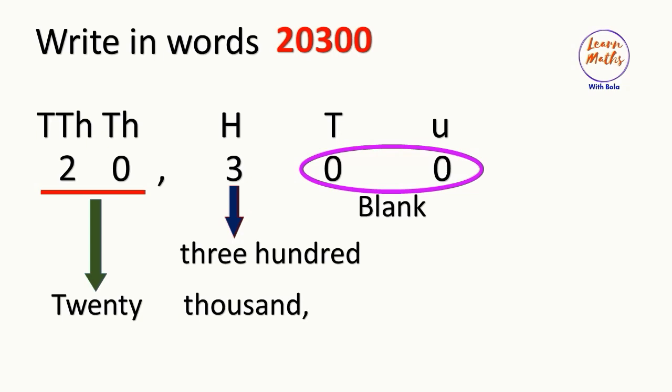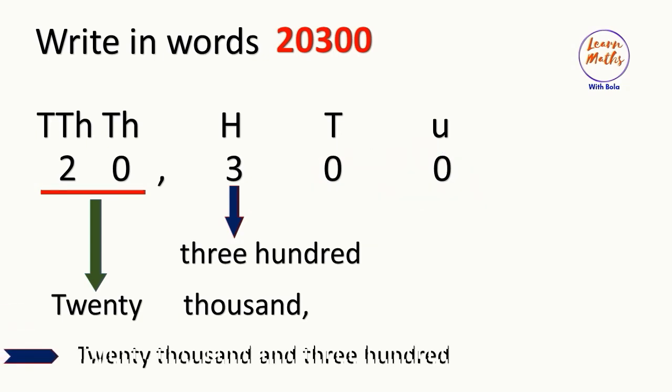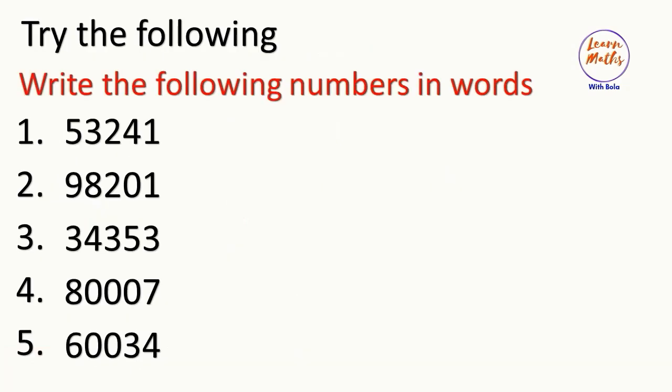The only number there is 0, and in this we are not going to write the 0 out. So looking at this, we can't write 20,300. Something is missing. So what is missing? We have to write the word "and" to show that after 20,000, the only number that is coming after it is 300. So we have 20,000 and 300 to show that after 300, the next number is blank, then is 0, the next one is also 0.